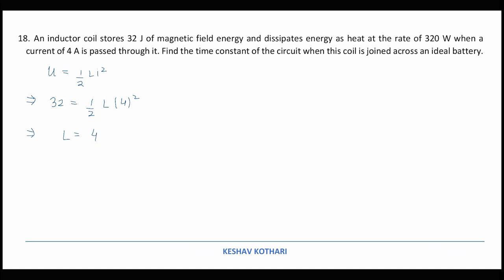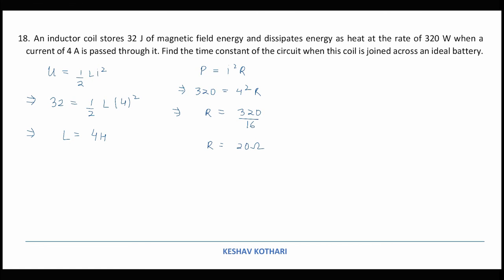Now the power dissipated is I square R, so 320 equals 4 square into R. The resistance is equal to 320 by 16, which is 20 ohm.